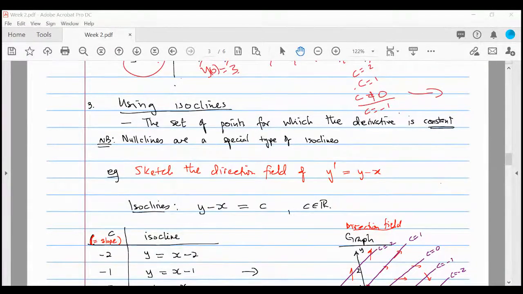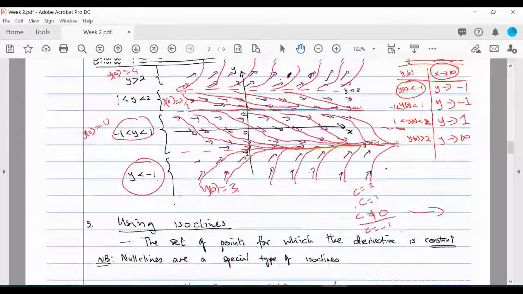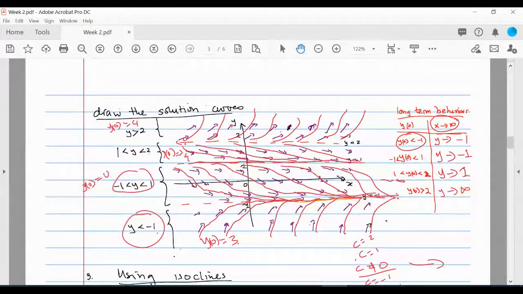Abdul? Sir, can you please go up to the long-term behavior? Yes, I'm there. I'm just looking at the example also on the slides. When we looked at the long-term behavior for that example, the y's were different.